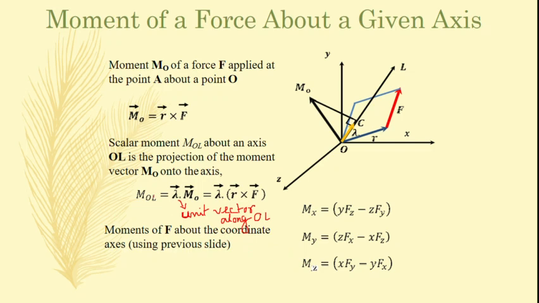If we take the dot product of this unit vector with this moment, then we get the moment of this force F about this given axis, that is OL. Actually we get the component of this MO along this line. That is why it is a scalar quantity, because here we take the dot product.